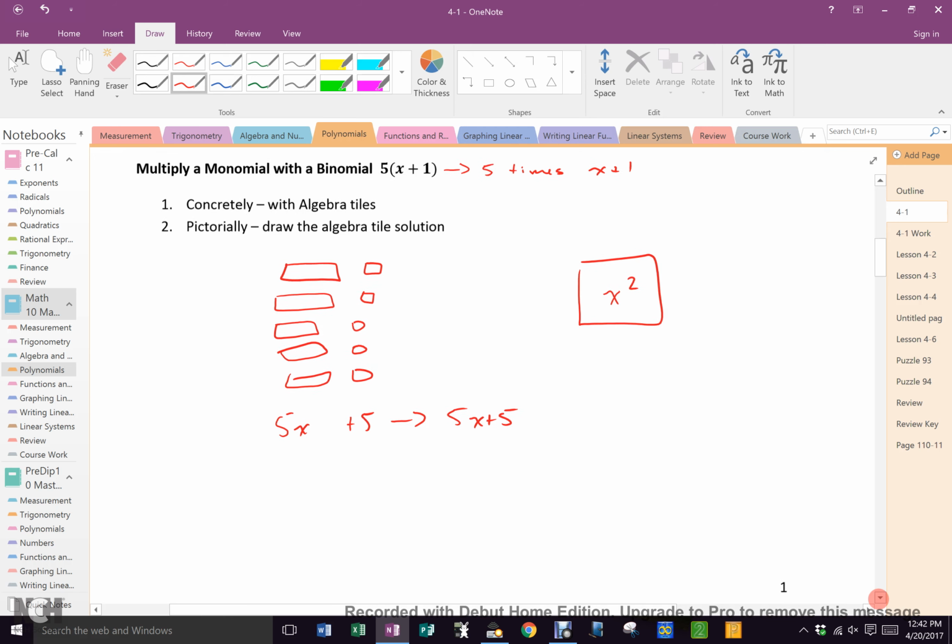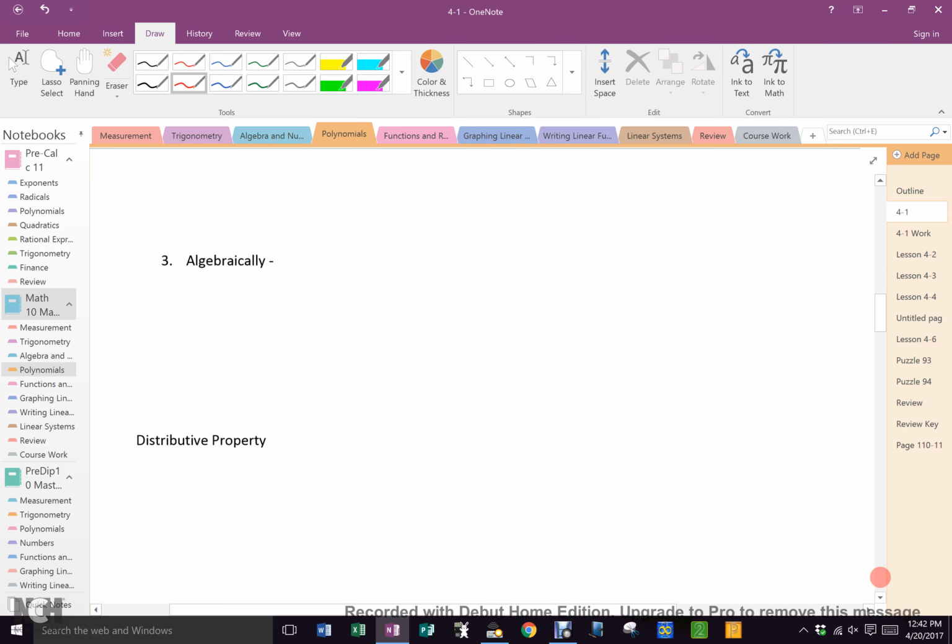Okay, so when you turn your page over, you should then see the word algebraically. Oh, it's on your first page? Great. Even better. That word algebraically means no pictures. It means all math. And this is what happens. 5x plus 1.